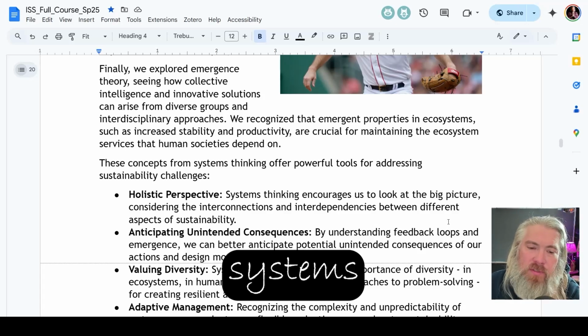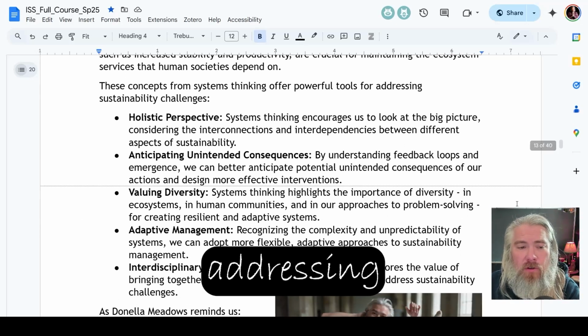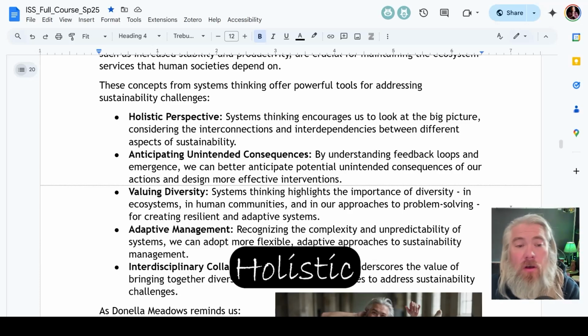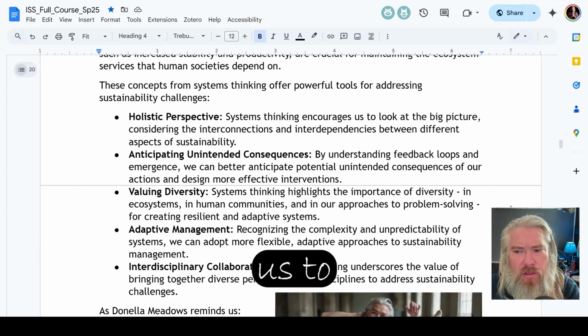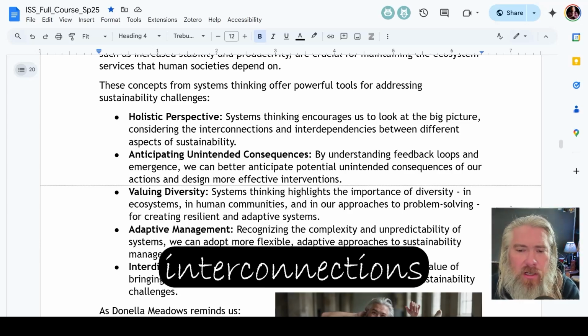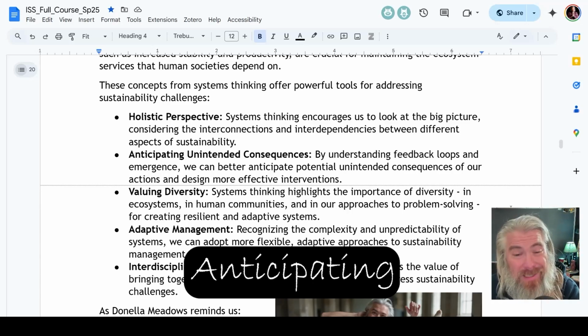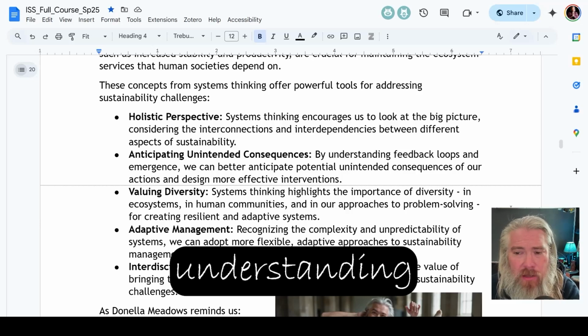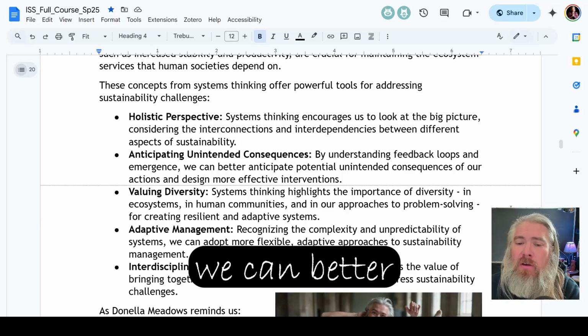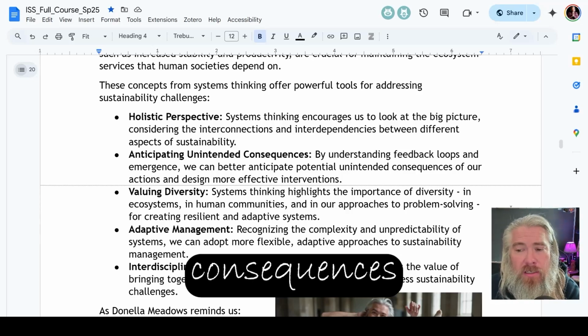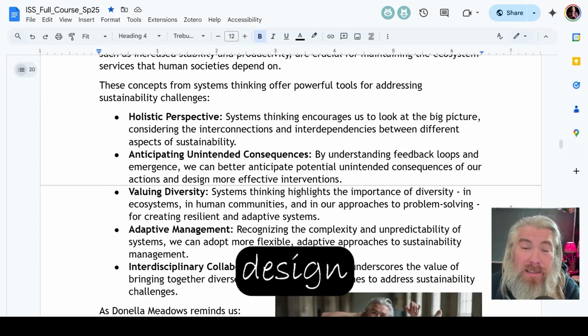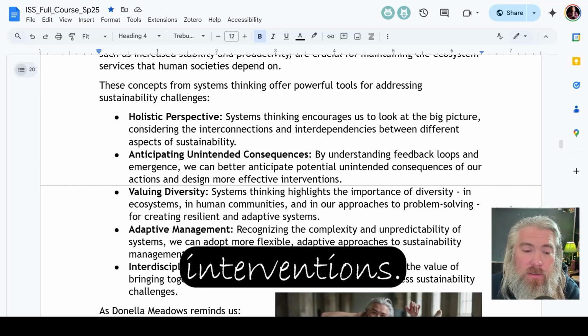These concepts from systems thinking offer powerful tools for addressing sustainability challenges. Holistic approaches: systems thinking encourages us to look at the big picture, considering the interconnections and interdependencies between different aspects of sustainability. Anticipating unintended consequences: by understanding feedback loops and emergence, we can better anticipate potential unintended consequences of our actions and design more effective interventions.